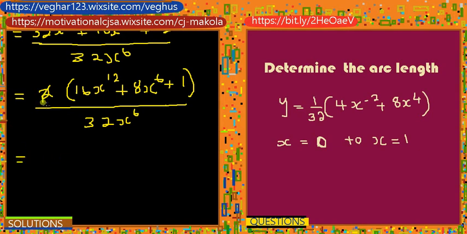How many 2s here, 1, and here there is 16. We have to write 16 here.